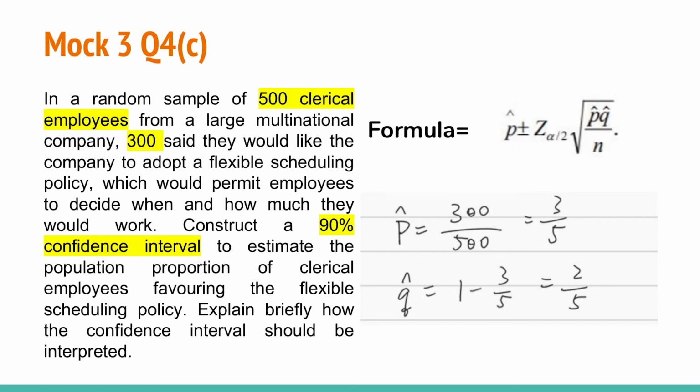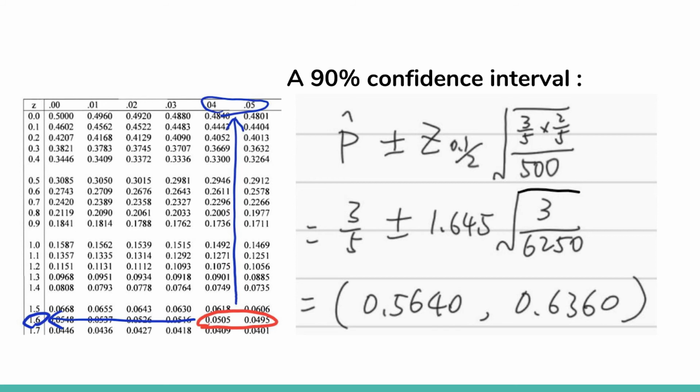According to the formula, firstly we need to find out the P hat, which is 300 divided by 500 equal to 3 over 5. And the Q hat will be 1 minus 3 over 5 equal to 2 over 5, since our target is 90% confidence interval.